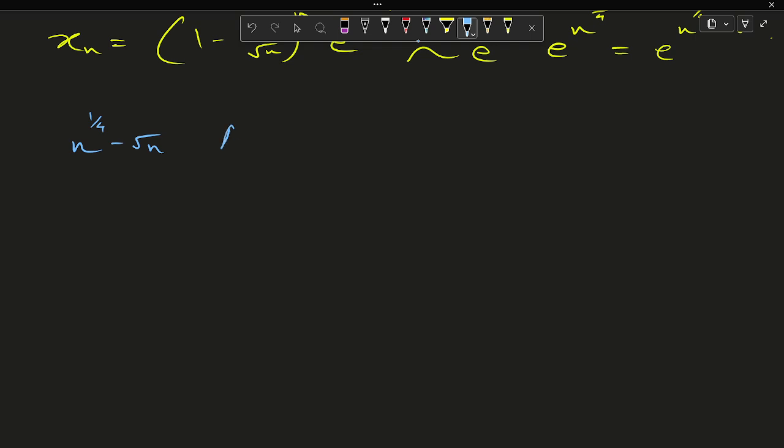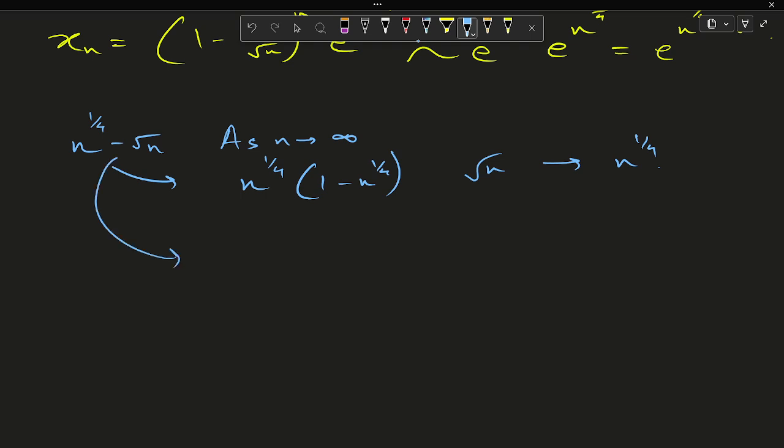As n tends to infinity, since root n grows much faster than n to the power 1 by 4, this exponent goes to minus infinity.